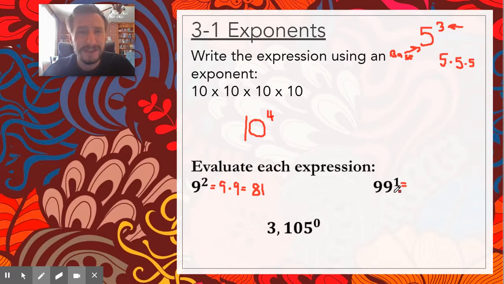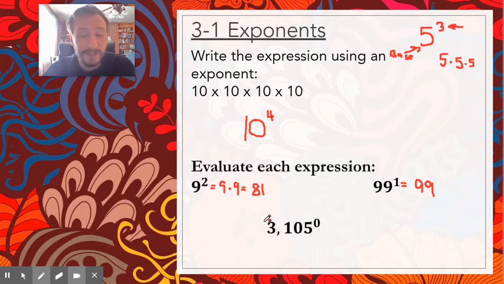If you have something raised to the first power, that means it's just 99. It's just whatever your base is written once. So 99 to the first power is 99. Any number raised to the power of 1 is itself. It could be 6 million raised to the power of 1, and the answer is just 6 million because I'm just writing that number one time.